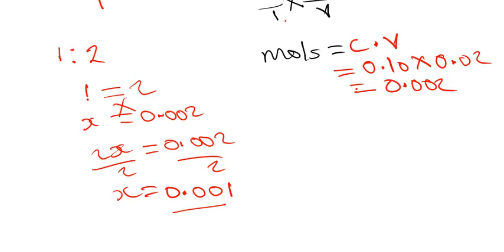The molar ratio we compared, which is 1 to 2, was the specific ratio we expect magnesium and hydrochloric acid to react at. But the exact moles involved is that 0.001 of magnesium was able to react with 0.002 of hydrochloric acid. By so doing, you earn yourself a mark.